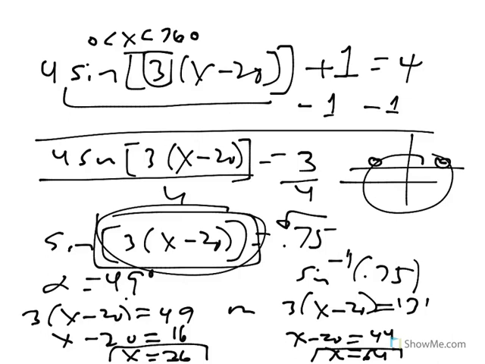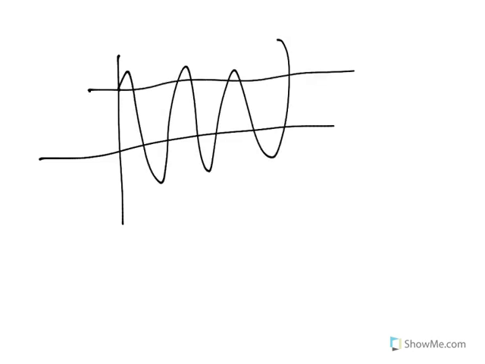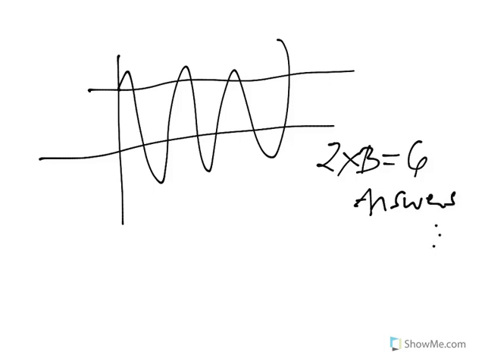But if there's a number out here, what happens is that the curve gets sort of smushed. So I end up with more answers. And the general rule is 2 times b, which is 6 answers. So far we have two answers, x equals 36, and x equals 64.